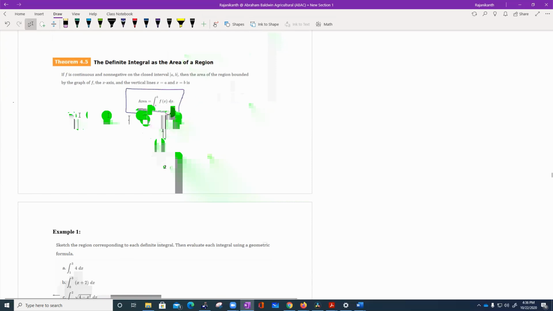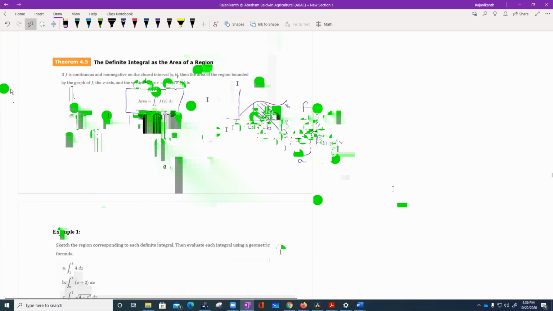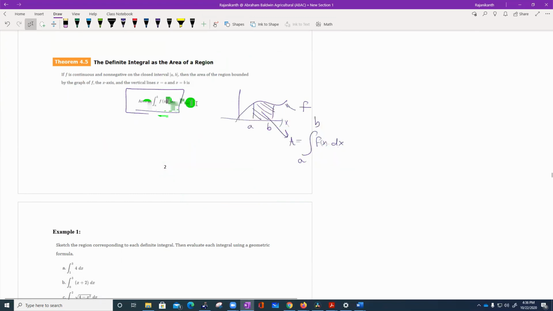The area of any curve, say this is the given curve f, between a and b is simply given by the integral from a to b of f(x) dx. The only condition is that your function should be continuous and non-negative, meaning above the x-axis, on that closed interval. Then the area is given by this antiderivative formula.